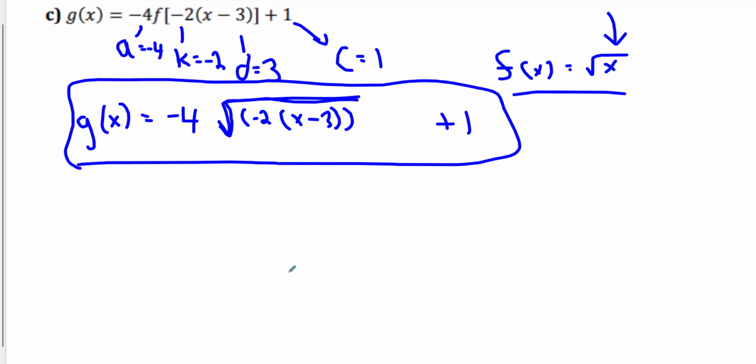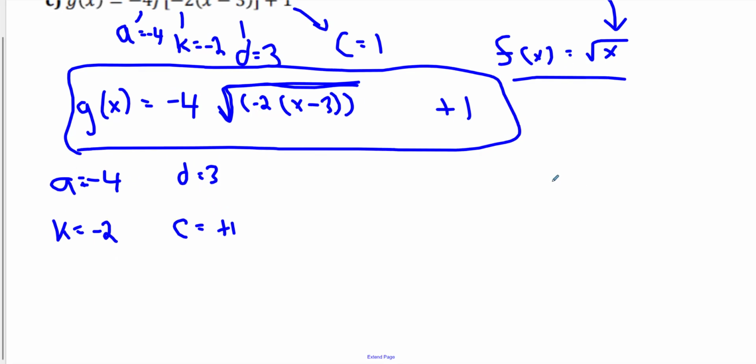And now I write my a value. My a value is -4. My k value is -2. My d value is +3, and my c value is +1. I should probably reverse that, just because a and c are the y coordinates and k and d are the x coordinates.